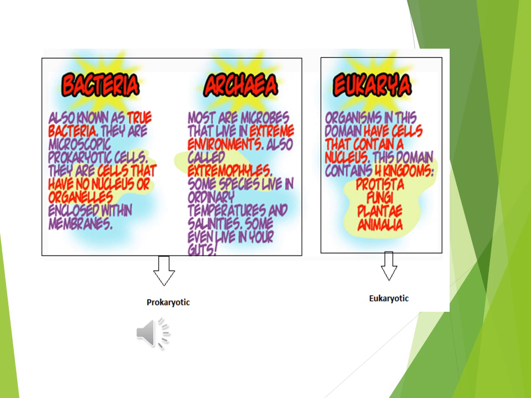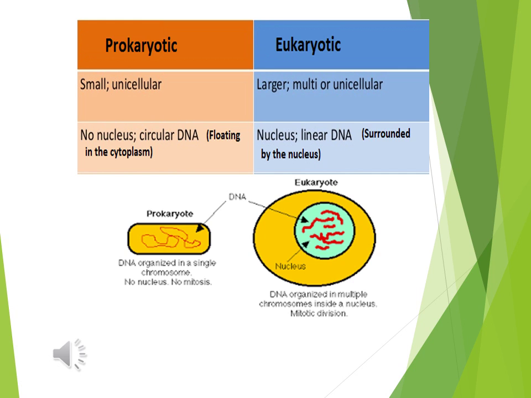And the eukarya are organisms that have cells that contain a nucleus. This domain contains four kingdoms: Protista, fungi, plantae, and animalia. We are going to know some differences between prokaryotic and eukaryotic cells.